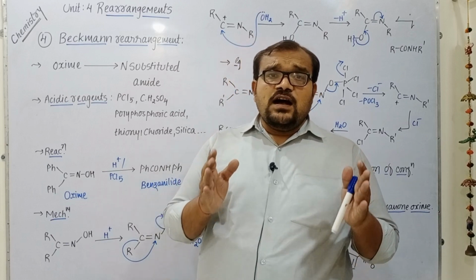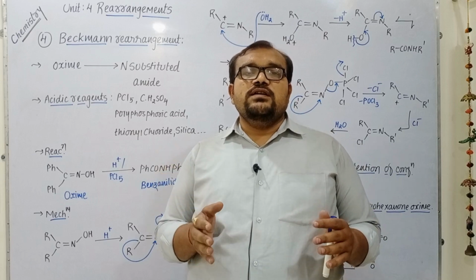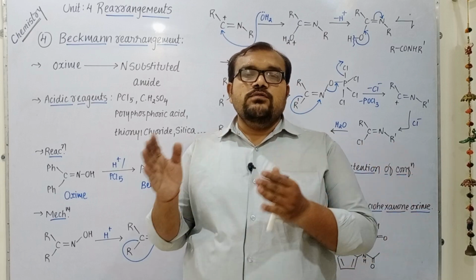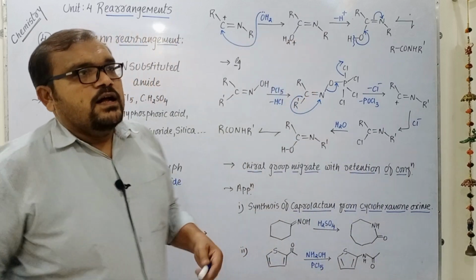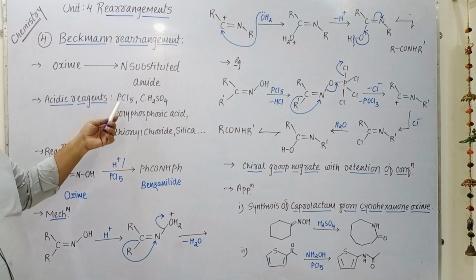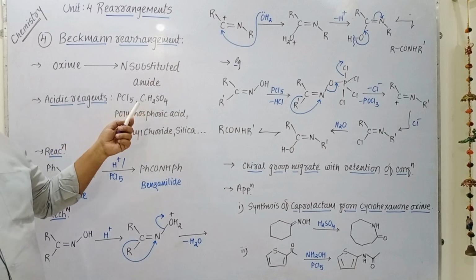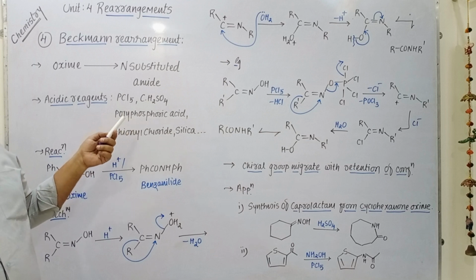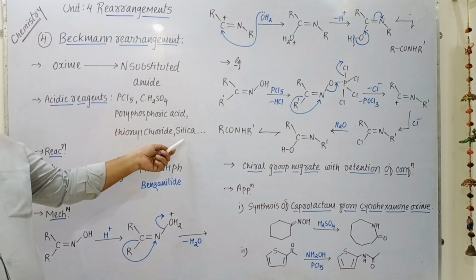So which acidic reagents can be used to convert this oxime to N substituted amide? Let's see on the board. As we can see here, PCl5, phosphorus pentachloride, then concentrated H2SO4, that is sulfuric acid, polyphosphoric acid, thionyl chloride, silica.